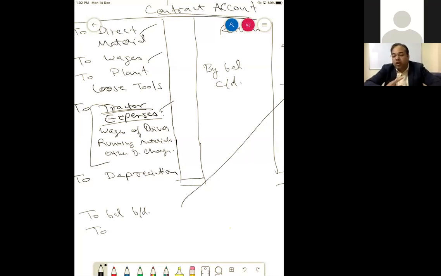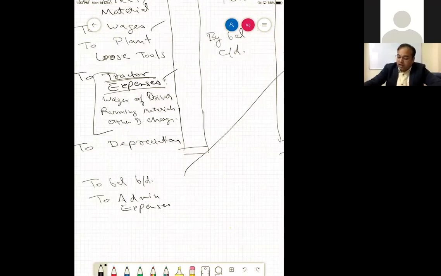And then in this you can add, as we saw in machine hour rate, that we use administrative or selling or some other expenses also. That thing also you can write over here, like admin expenses. And suppose your contract is of rupees 1 lakh, your balance is rupees 85,000, then your admin cost is this much.